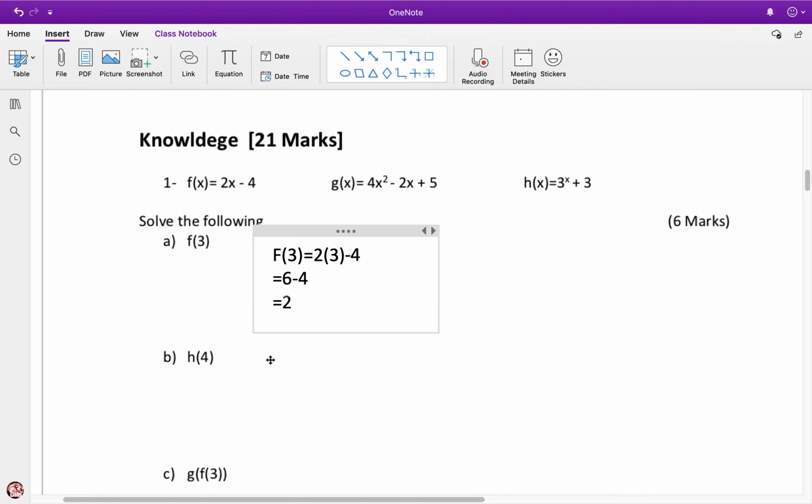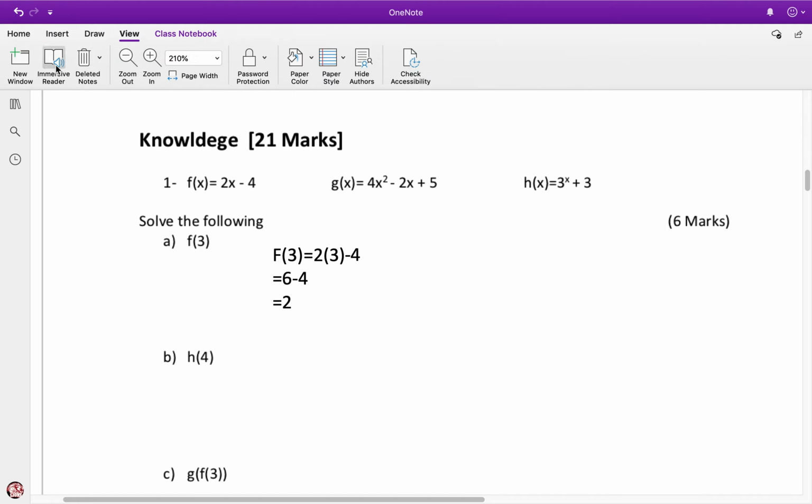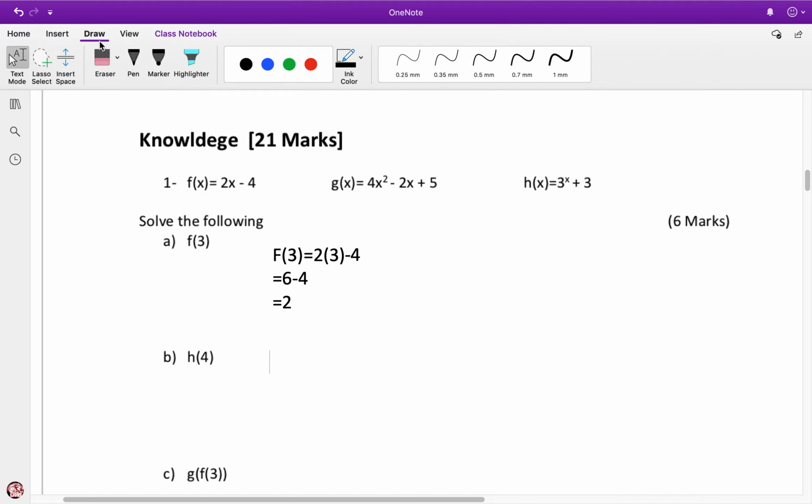All right. The next one is h of 4, which means we're going to use the equation h, and the 4 is going in for the x within the equation.